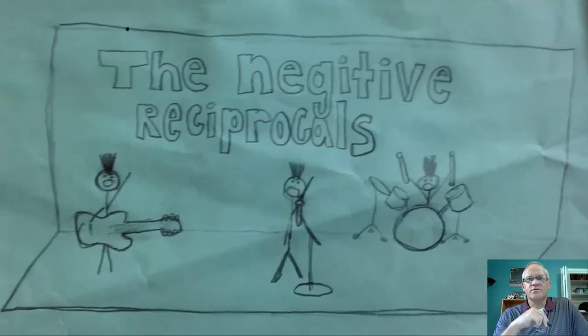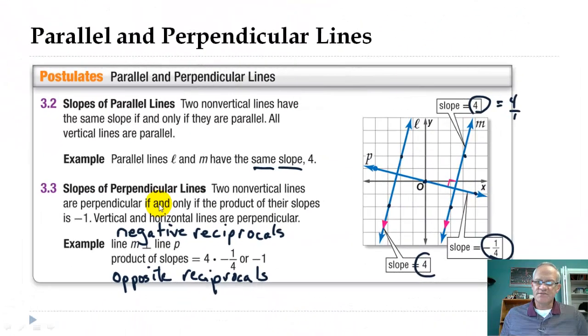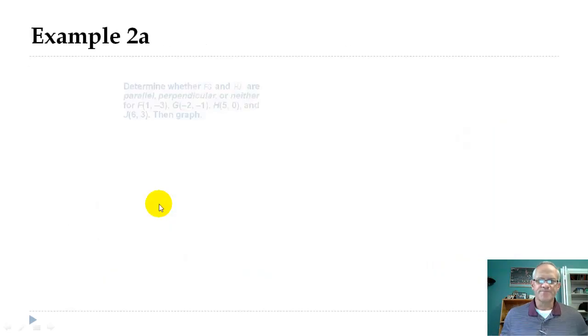Take a look at this. Pretty neat, huh? So there we are in concert. That's me on the guitar there. You probably don't recognize me, I got my hair a little bit different. But anyway, that's the negative reciprocals. So remember, the negative reciprocals, my band, and that's perpendicular lines.